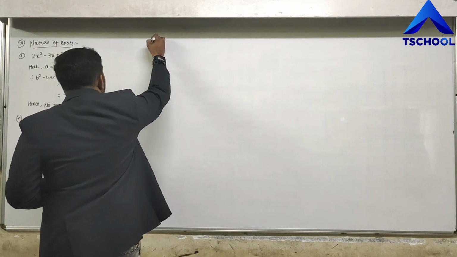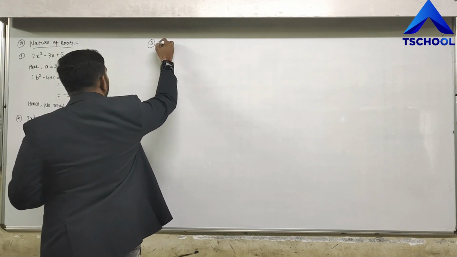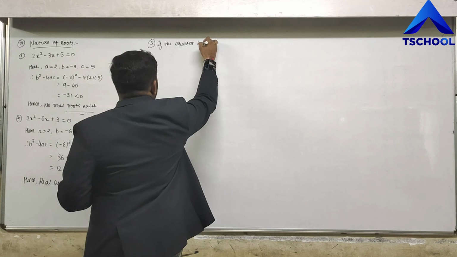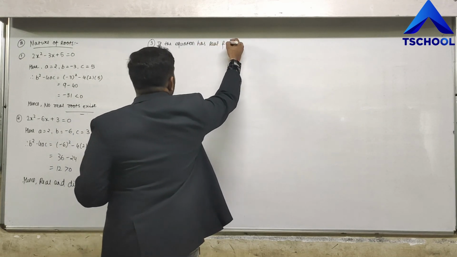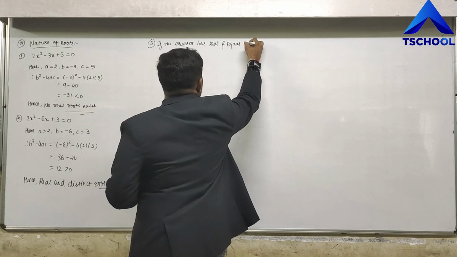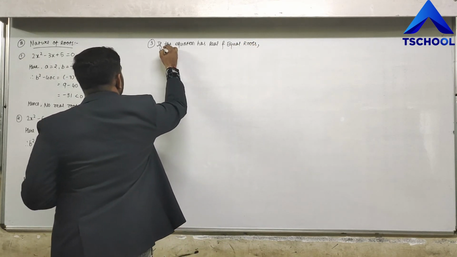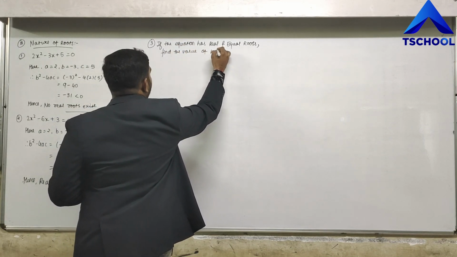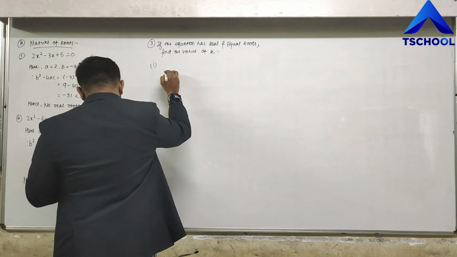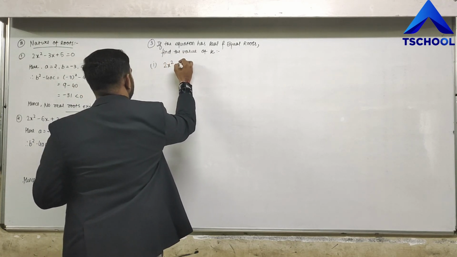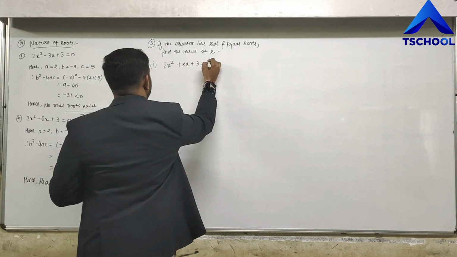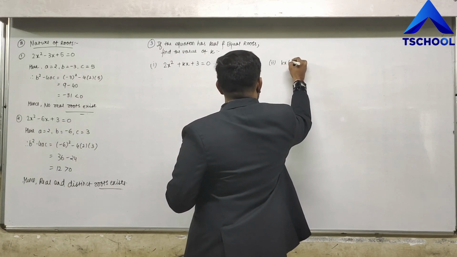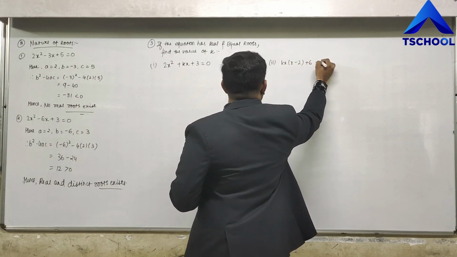Now I am having one more kind of sum, that if the equation has real and equal roots, then find the value of k, where the first equation given to me is 2x² + kx + 3 = 0, and the second equation given to me is kx(x − 2) + 6 = 0.